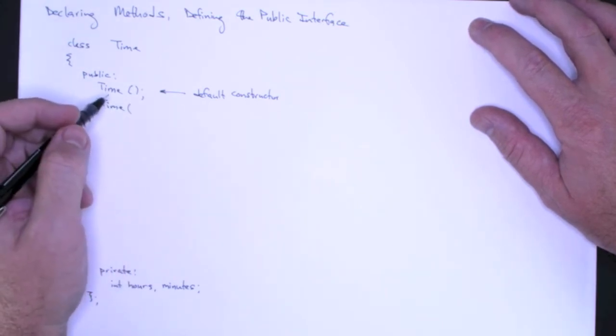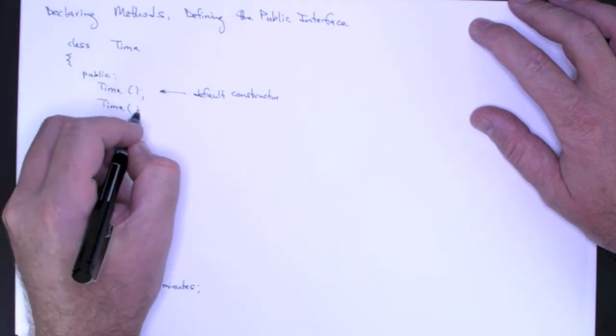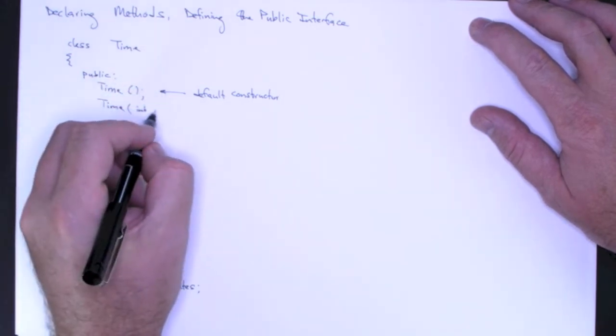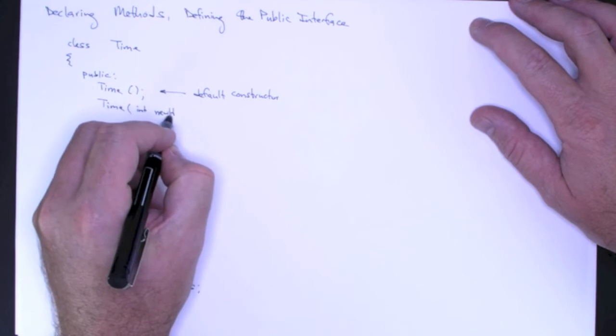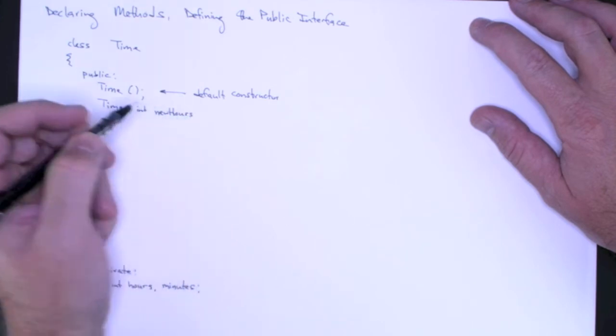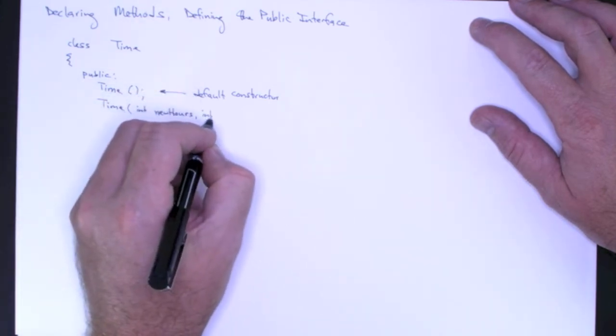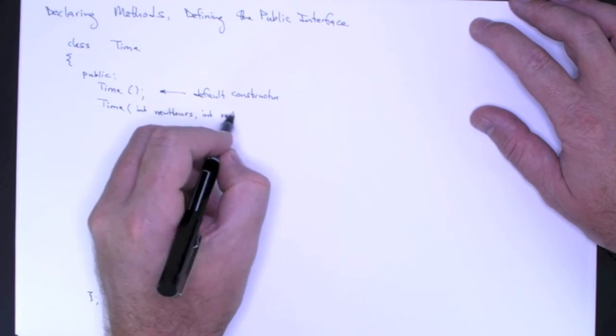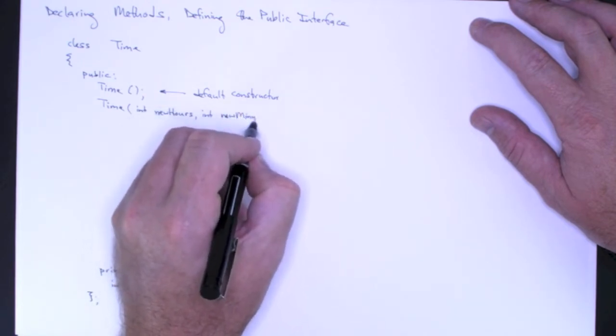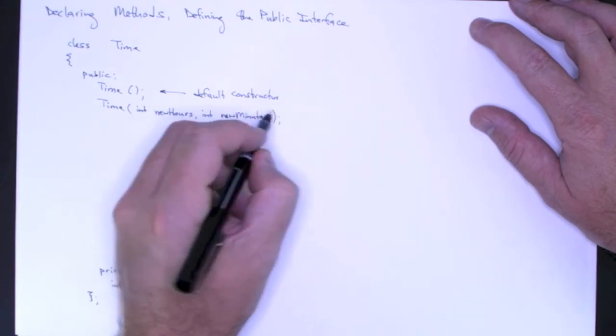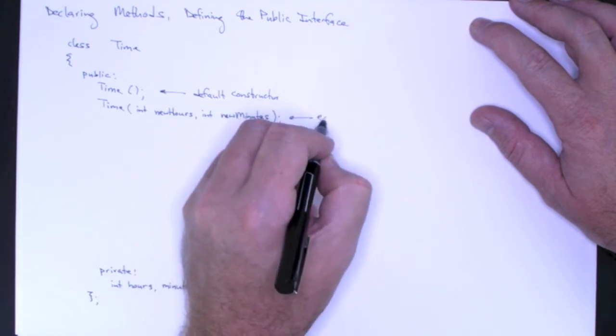And so I'm going to declare an explicit constructor where someone could pass in new hours and new minutes. This is what I call an explicit constructor.